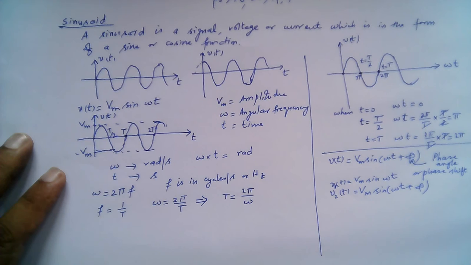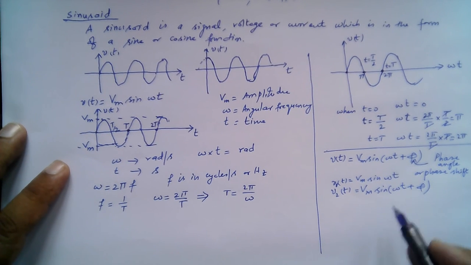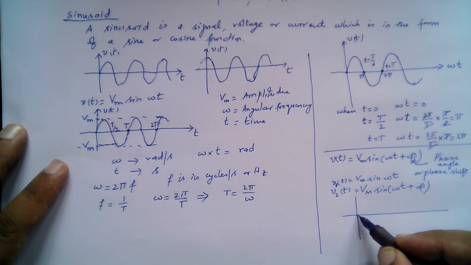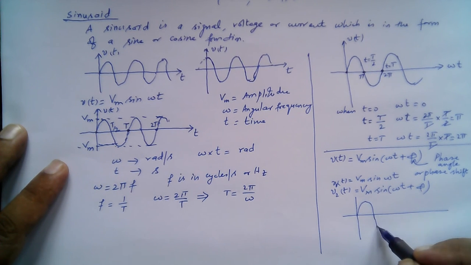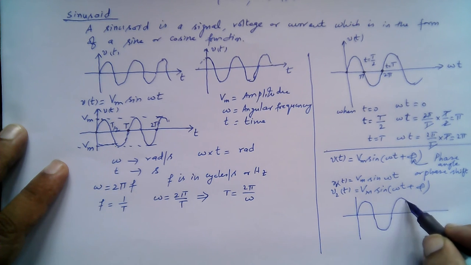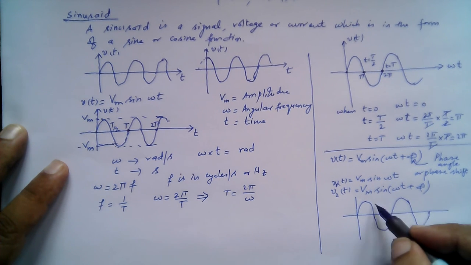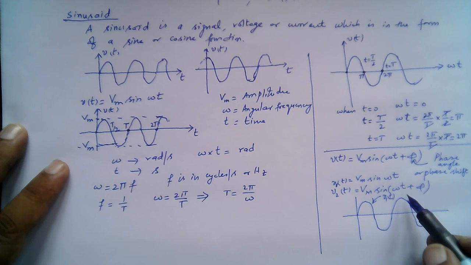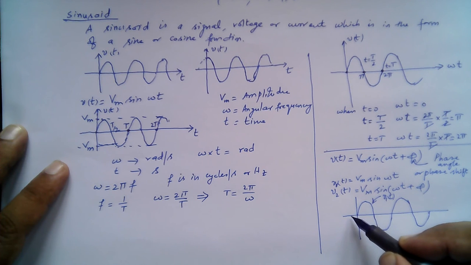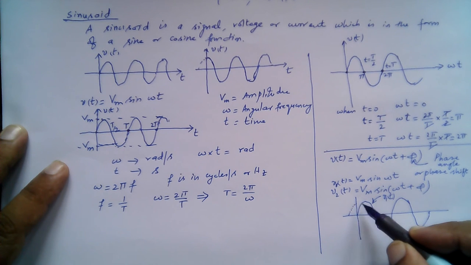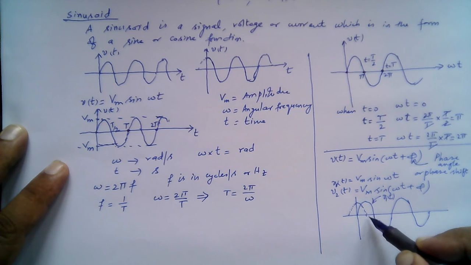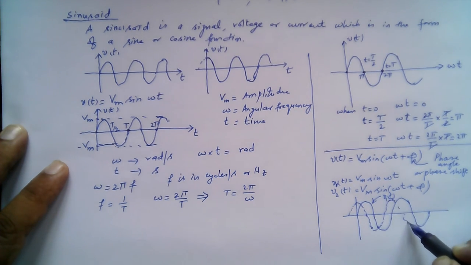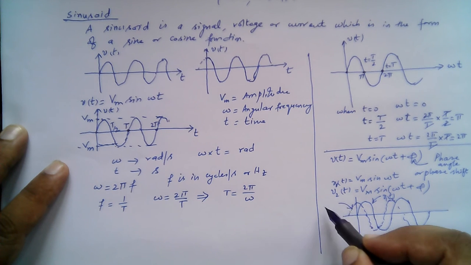So the plot for this one is simple, like before. We have here v1 of t, and omega t plus phi. If we plot it, it will be something like this. So this is v2 of t.